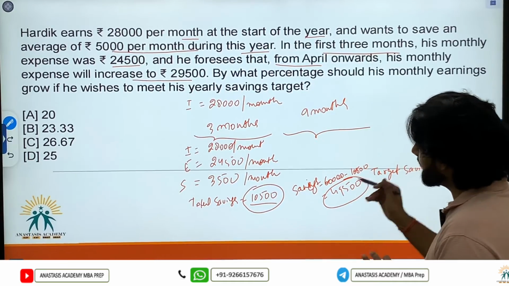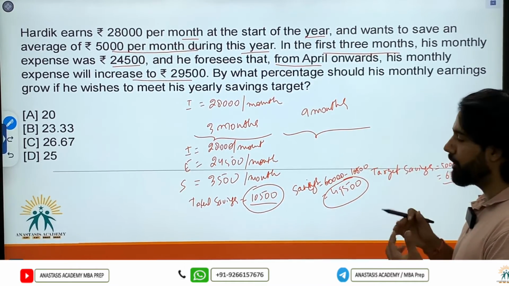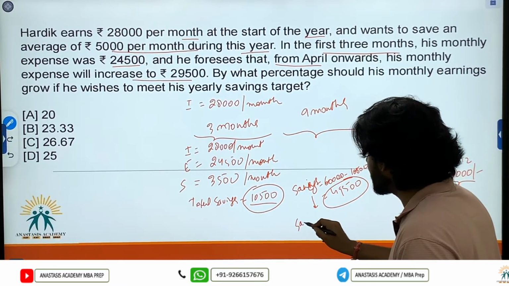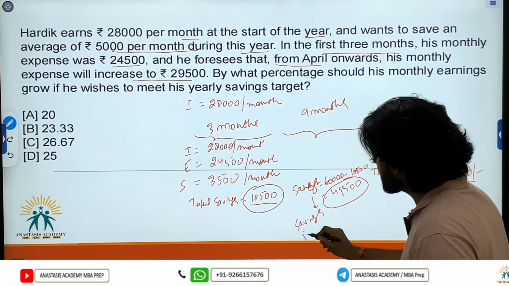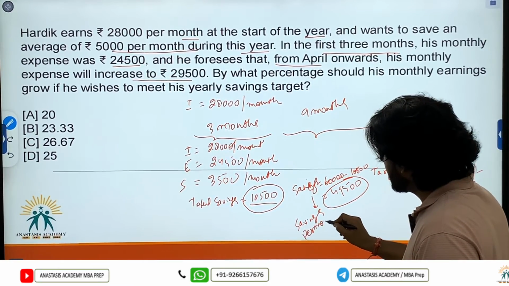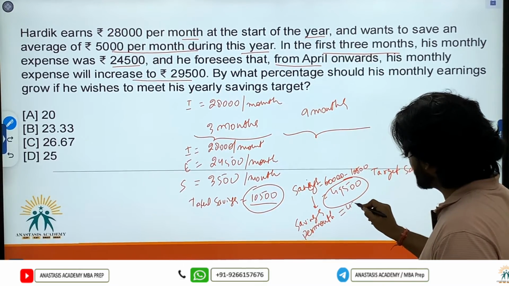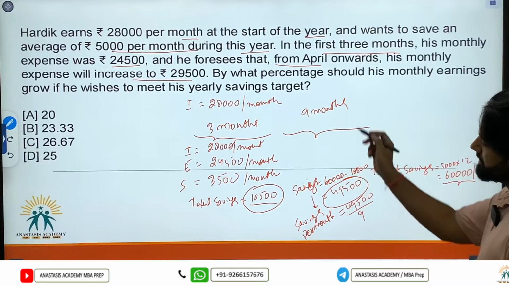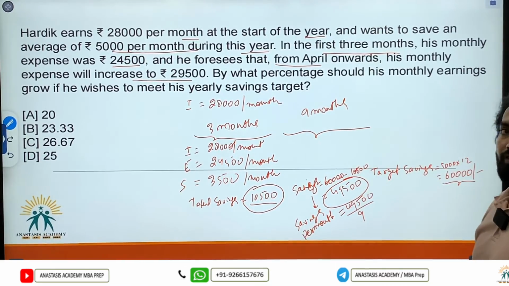So I can find the amount he has to save per month. For the next 9 months, his savings per month would be 49,500 divided by 9, correct? Because this is the amount he has to save for 9 months.